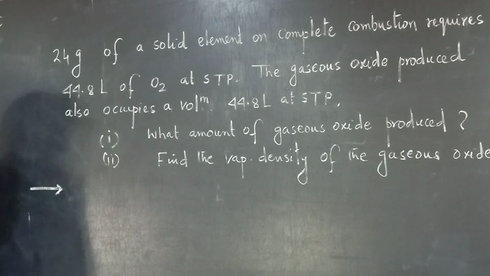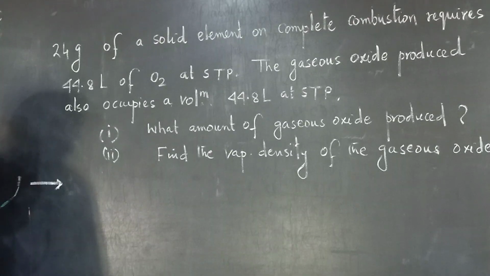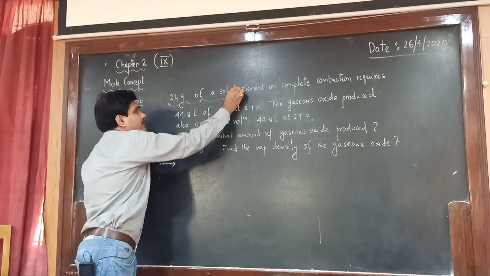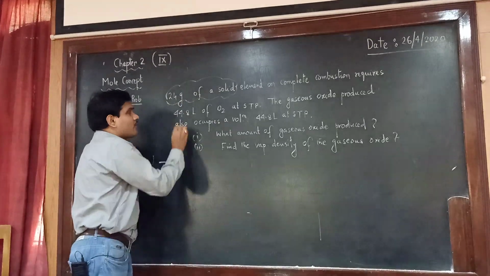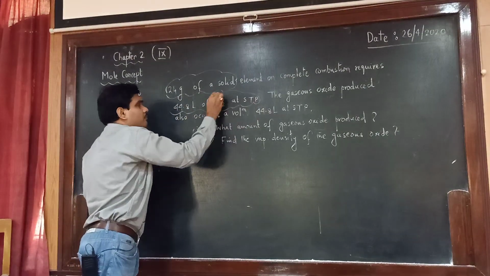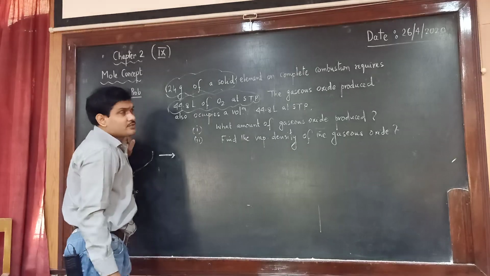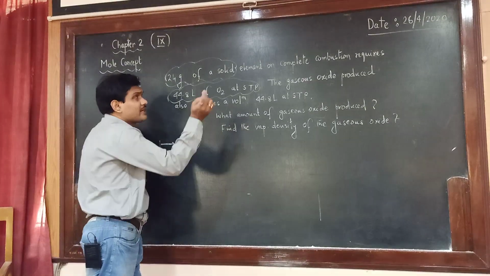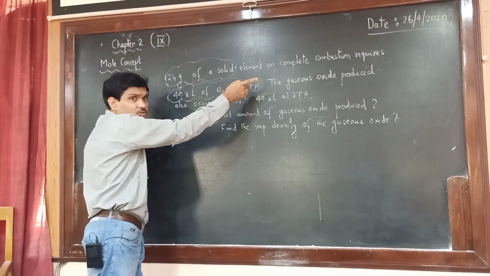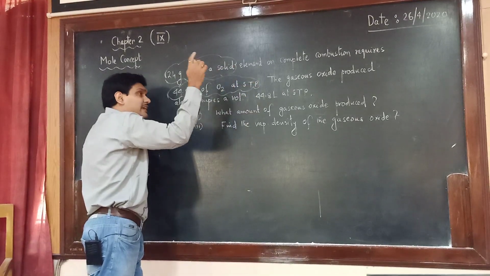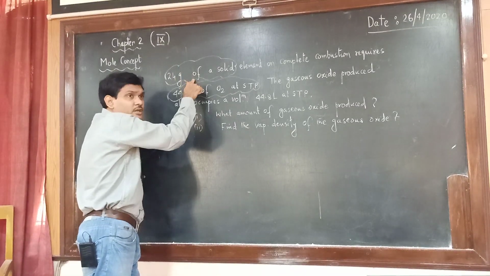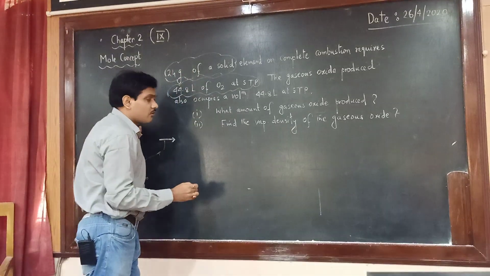What will be the solution? What is given? 24 gram solid element and 44.8 liter of O2 at STP, that leads to the gaseous oxide. Complete combustion occurs, so the gaseous oxide produced is made up of 24 gram solid element and 44.8 liter of O2.